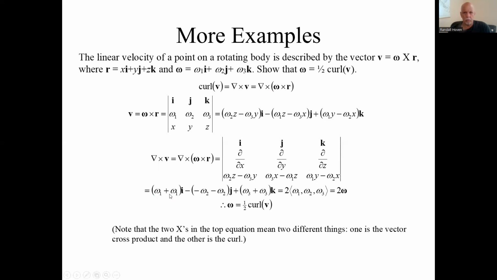Do the other two components, and you get this, which is 2 omega. And that means we proved what we need to prove. This was the curl of V.